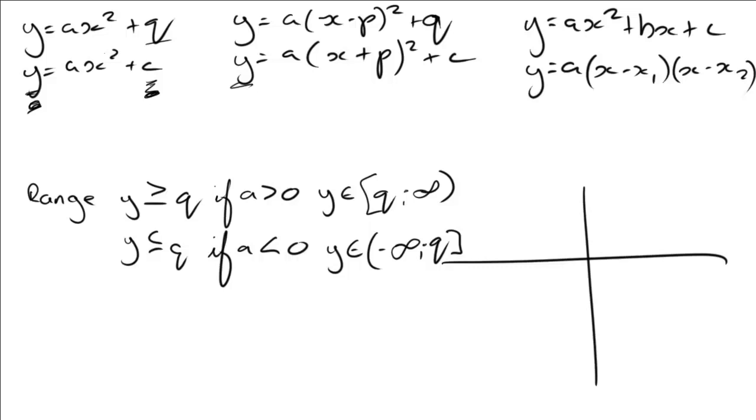Inversely, if Y is less than or equal to Q or C, and A is a sad face, so less than 0, then this will be the maximum. That is where it'll stop, which is represented by that square bracket, and then it'll just go to infinity down, down, down along Y, which is represented by the round bracket because it never touches.